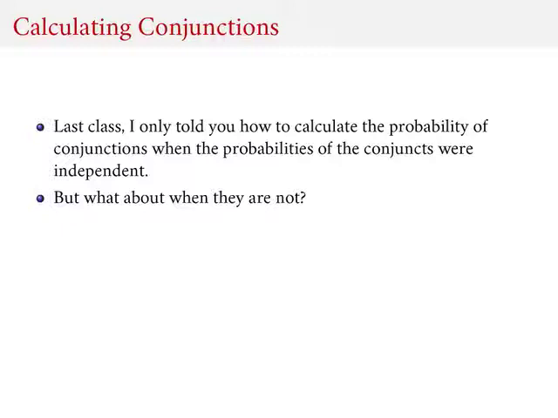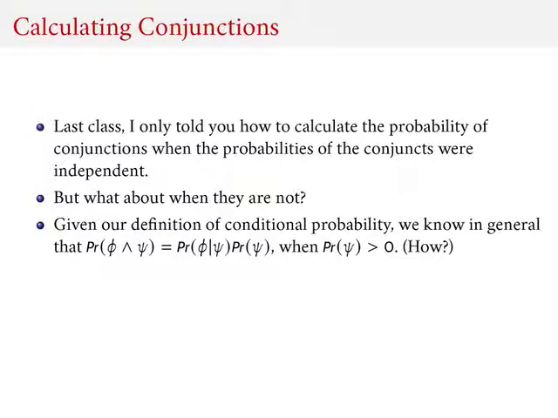So we can often ask about the probability of a conjunction where the conjuncts are not independent of each other. Given our definition of conditional probability, we actually know how to do that. We know that the probability of a conjunction phi and psi, no matter what relation phi and psi stand in, equals the probability of phi given psi times the probability of psi.